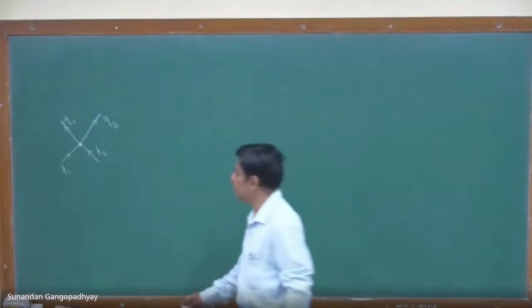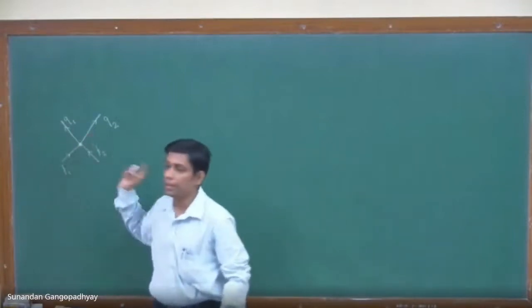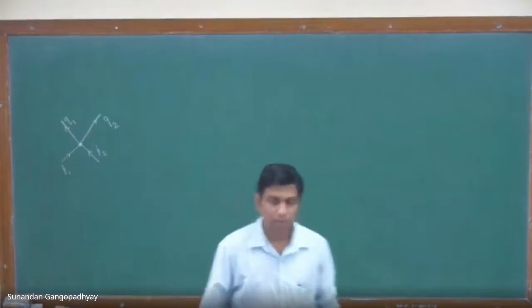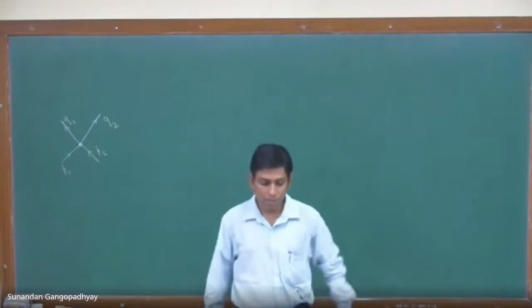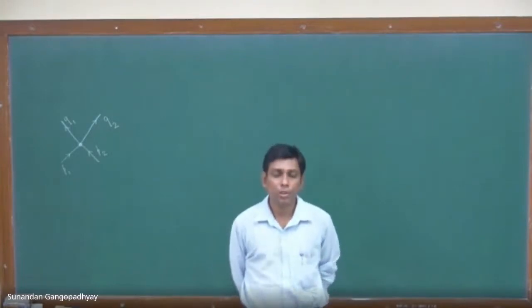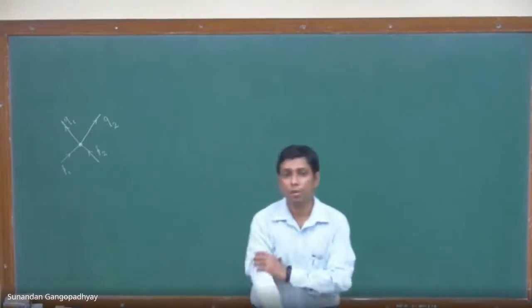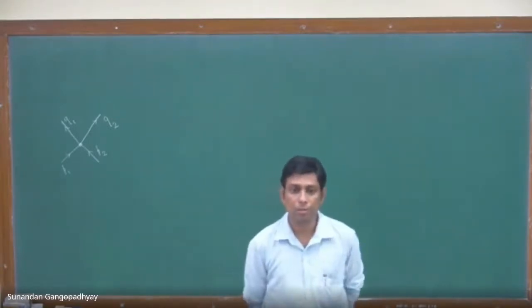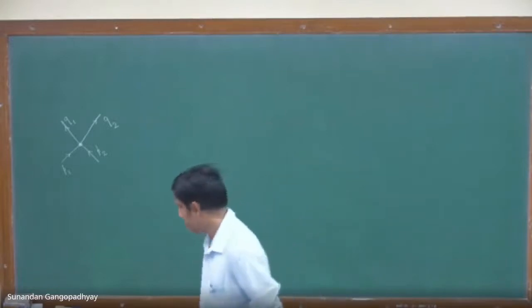So this is the interaction vertex. There are 4 lines at this point. This will be one of the terms that will contribute to the scattering amplitude, and this will be the leading term that will contribute non-trivially to the scattering amplitude of two particles.